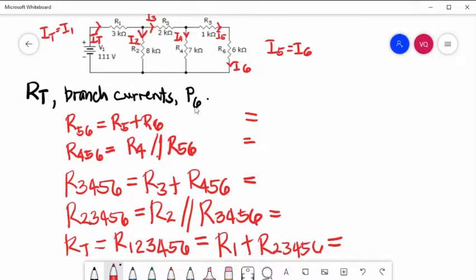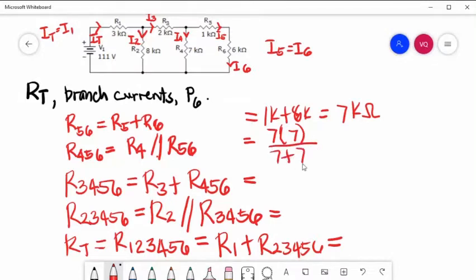R56 is 1 kilo ohm plus 6 kilo ohm, so that is 7 kilo ohm. R456 is 7 kilo ohm times 7 divided by 7 plus 7, so that is equal to 3.5 kilo ohm.